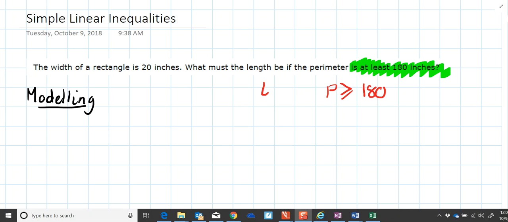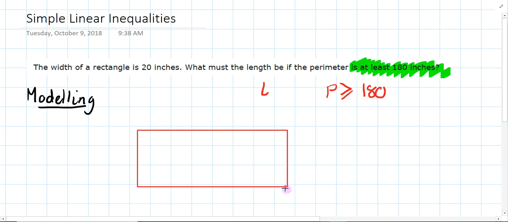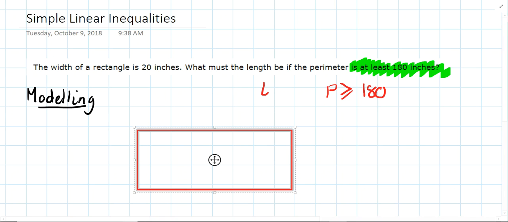First you would just take the 180 inches, because it's a rectangle. So I'm going to draw my rectangle. There's two widths, so the width is 20, and there's 20 on either side, so 180 minus 40.